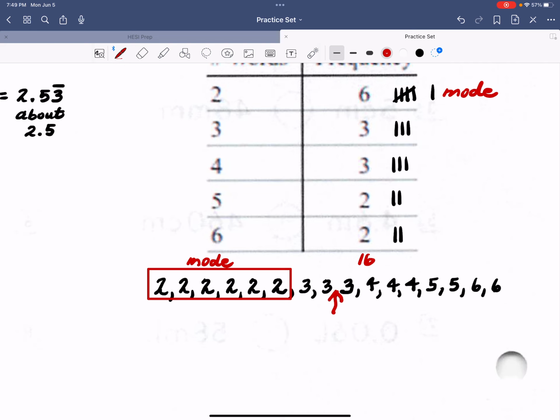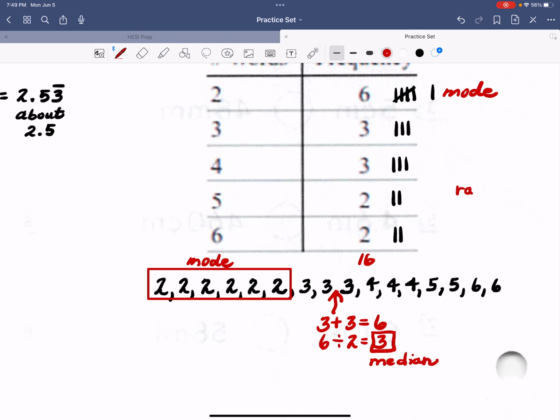There's nothing between a 3 and a 3 but a 3. You could also do it the mathematical way, where you add those two 3's to get 6, and 6 divided by 2 is 3. That is your median. They must be in order for that to work. So mode is 2, median is 3.